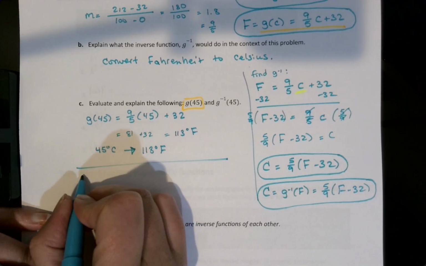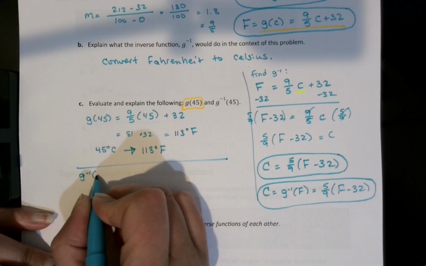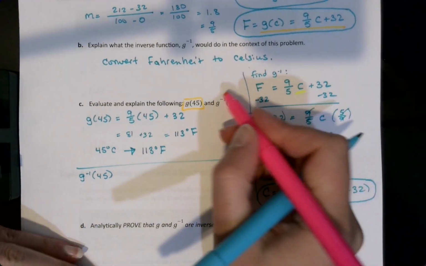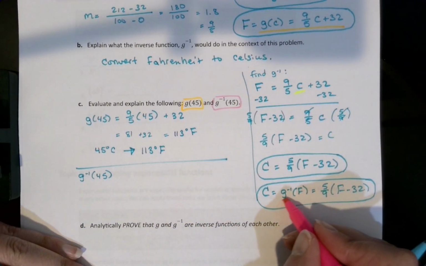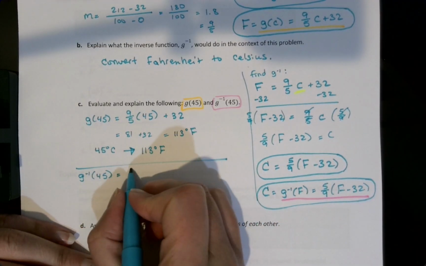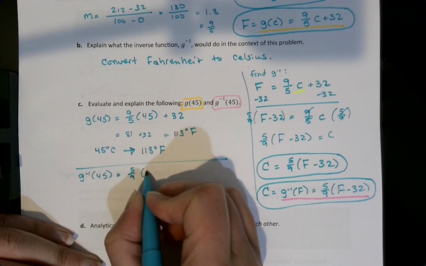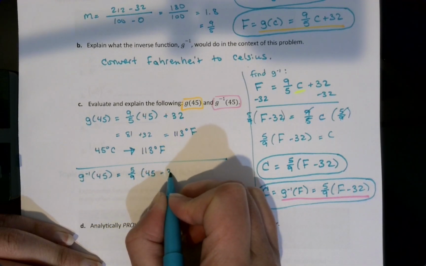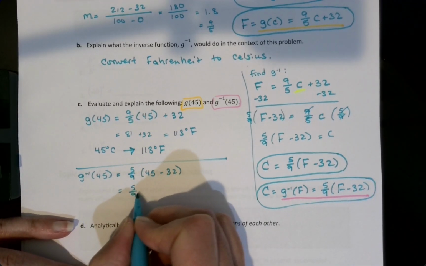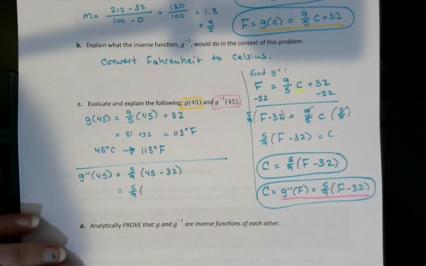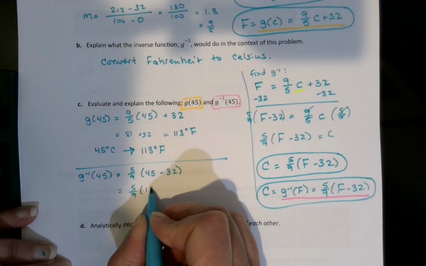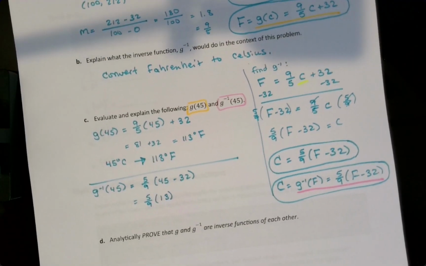And then in the next one, g inverse of 45. In the g inverse of 45, I'm going to use the g inverse equation. This would be 5/9 times 45 minus 32. Let's see, 45 minus 32 is 13 times 5/9. It's not going to come out evenly.